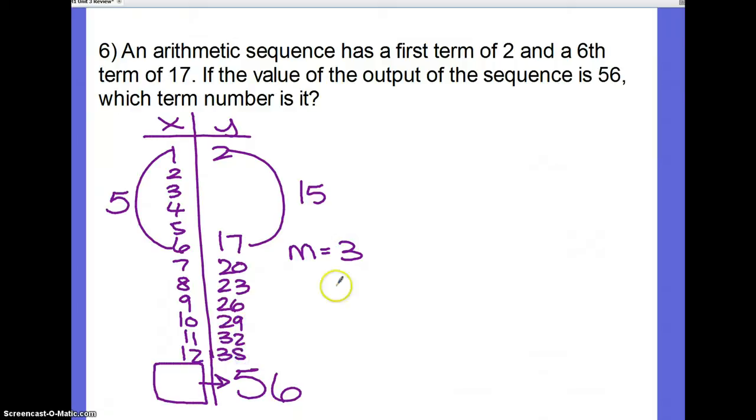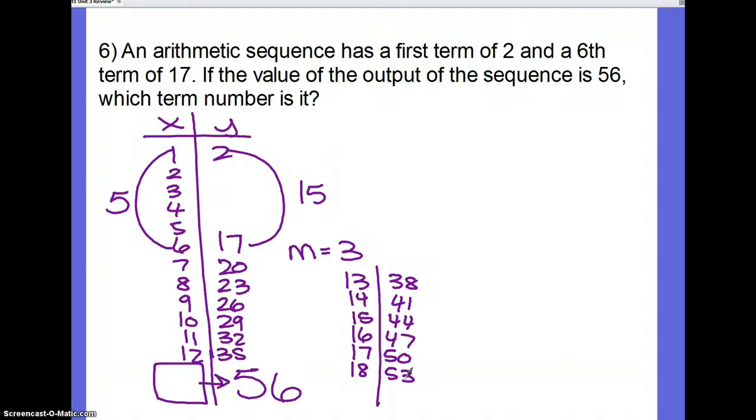So we're not there yet. I can just keep going here. 35, that's 38, 41, 44, 47, 50, 53. I'm real close. One more, 56. So it is the 19th term.